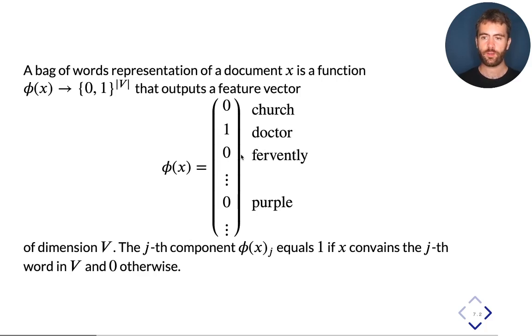So in our vocabulary, assuming some kind of ordering over the words, for each word we're going to find one index in this vector, and at this index we will have a binary indicator of whether the word was present in the message x or not. So this is an example of a featurization, and it looks like for most words, so church, fervently, purple, these words are not present, but we have the word doctor that's present. Now this might be an indication that this document x has something to do with medicine.